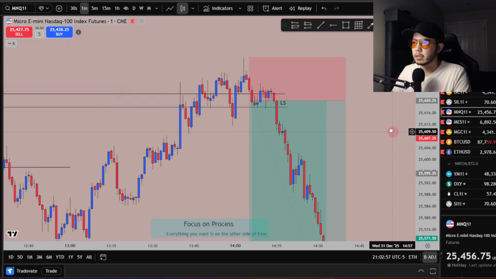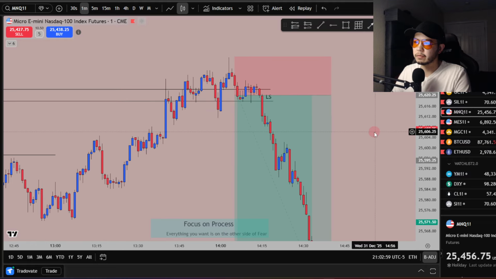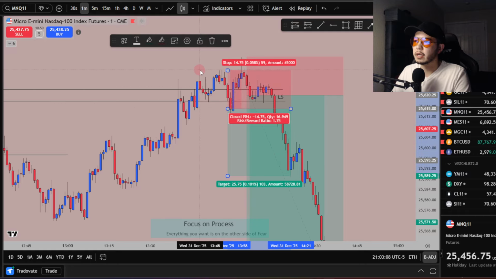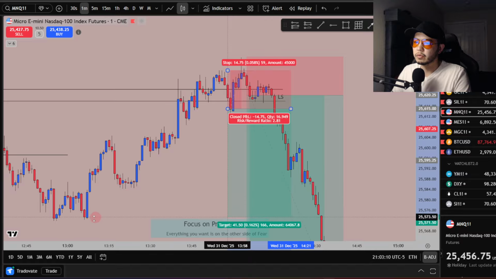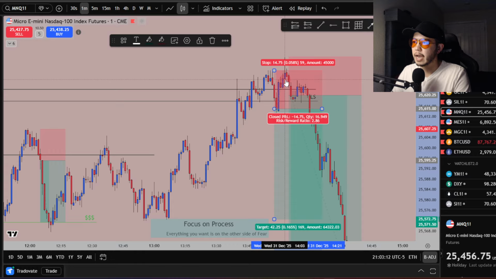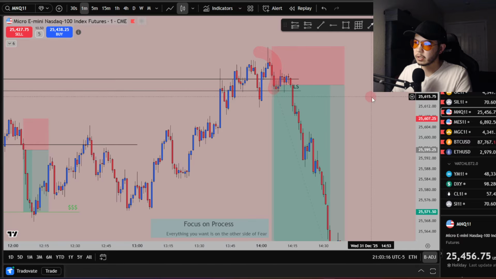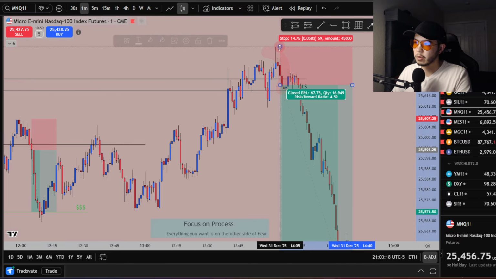This one, the first one would have juked you out, because you could have gotten out here. And if you would have put your stop loss right here, with target here, you would have been tagged out. And the market gave you a second opportunity here. You would have gotten out, you would have gotten in here.